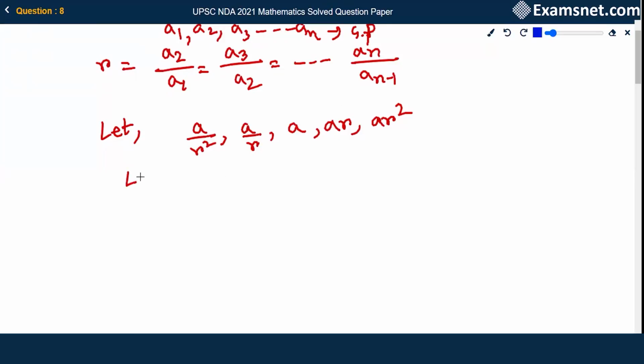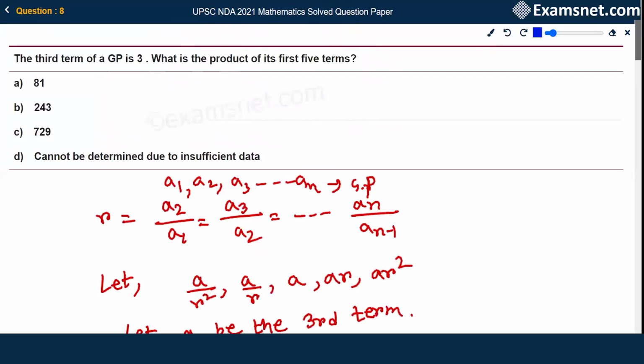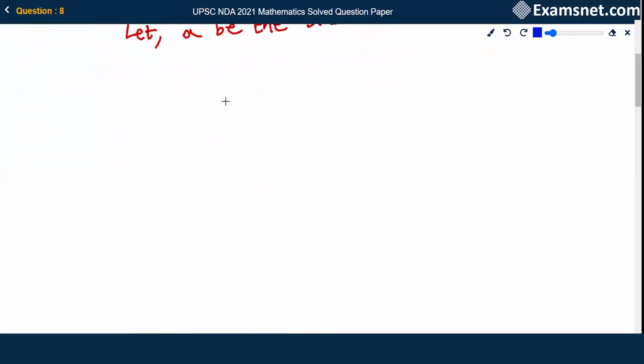Now, A is the third term, correct? We are already given the third term, that is 3. Therefore, A equals 3.